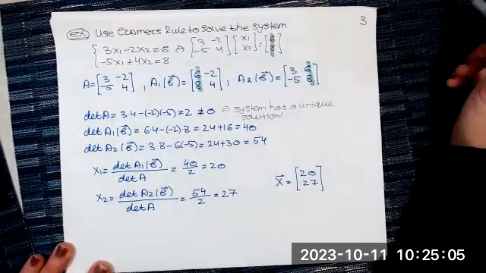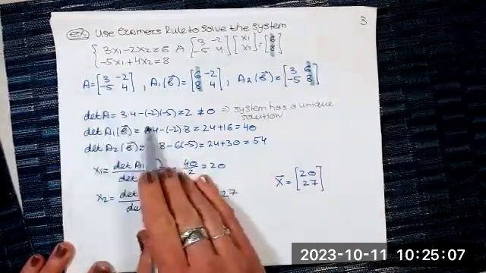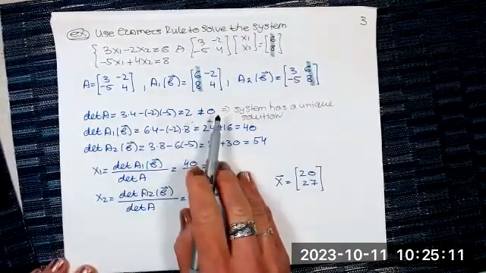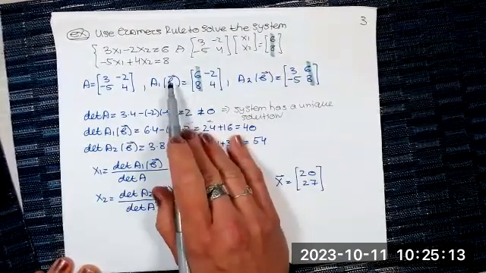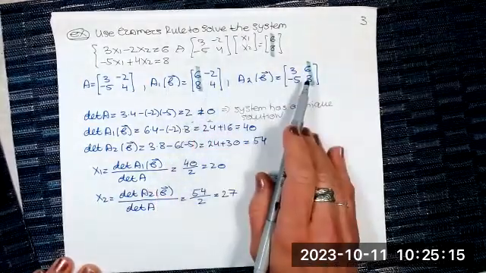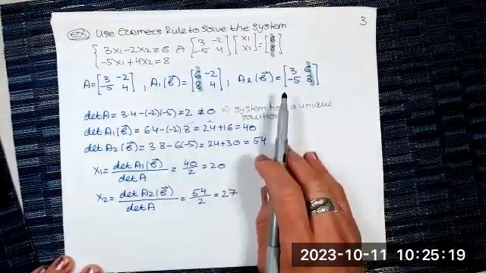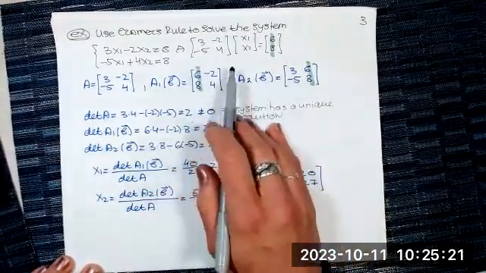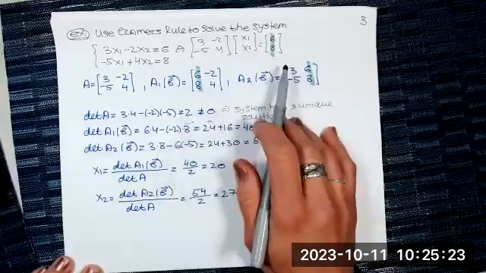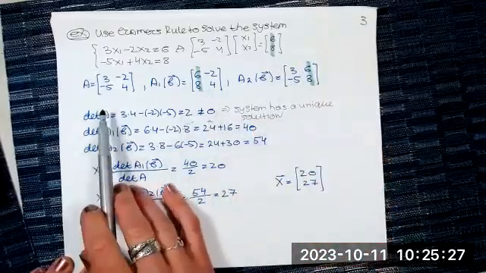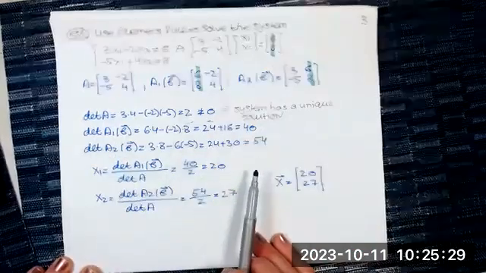Then you have to do your determinants. The determinant of A is not zero, so good, my system will have a unique solution. Then you also have to compute determinants of those two matrices, but they are 2 by 2 matrices, so it's not difficult: 6 times 4 minus 2 times 8, and 3 times 8 minus 6 times minus 5. So I computed those three determinants.